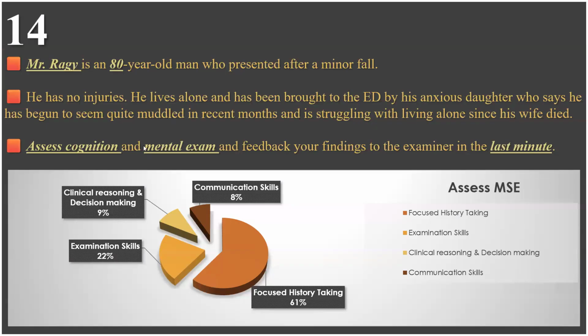Anyway, here they ask you to assess cognition only, or cognition and the mental exam. Cognition and mental exam means a mental state exam, right? Yes, because cognition is part of the mental exam. So you can say, I am here to take some data from you regarding your mental health.